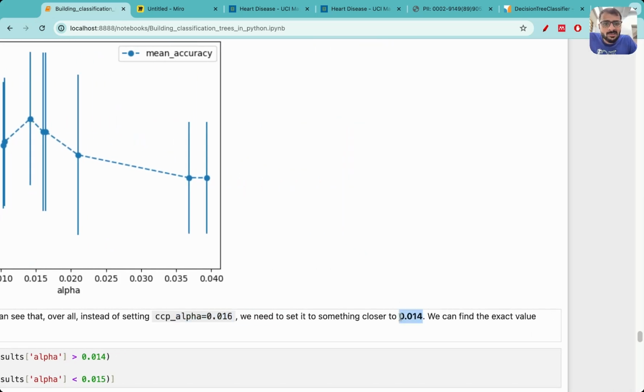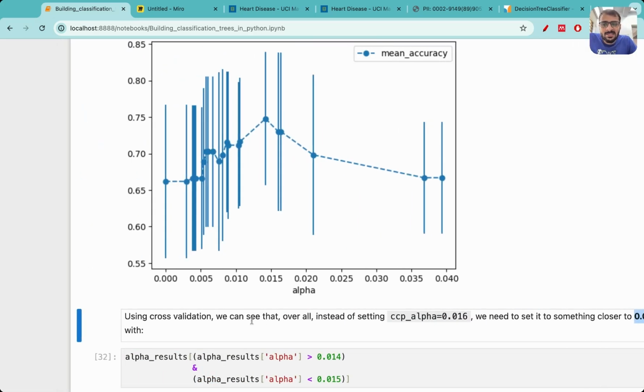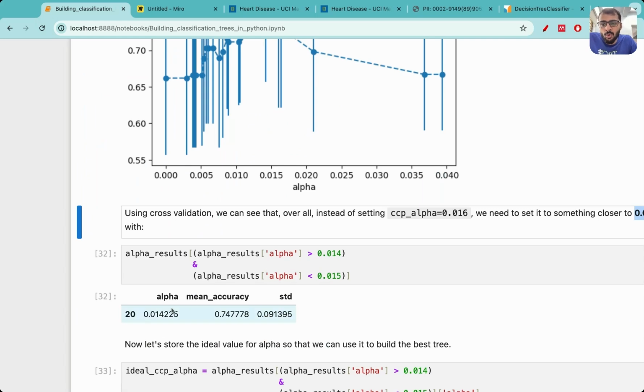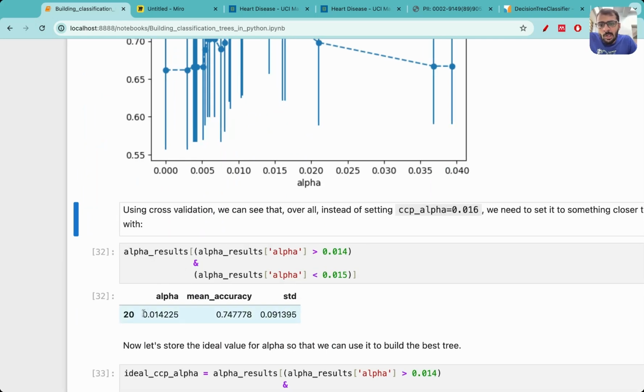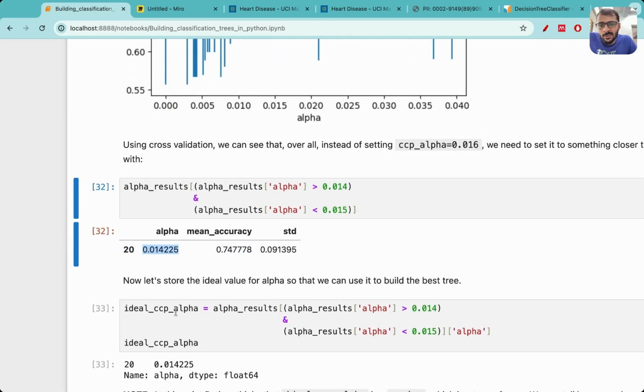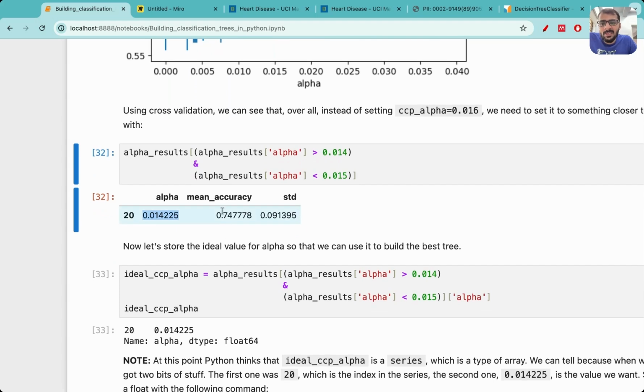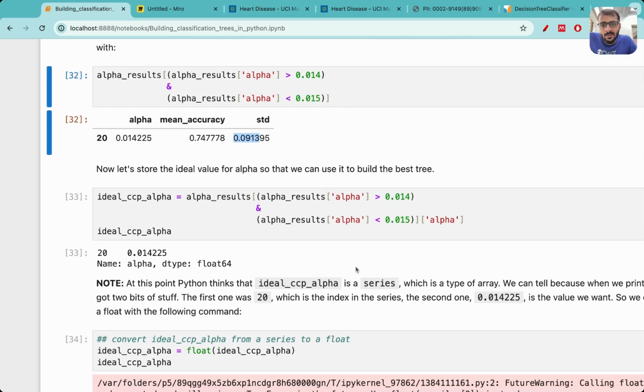So this suggests that instead of 0.016, the best value of alpha to choose is 0.014, and that is exactly the value of alpha which we are going to go ahead with. It leads to a mean accuracy of 0.7477, and a standard deviation of 0.09.